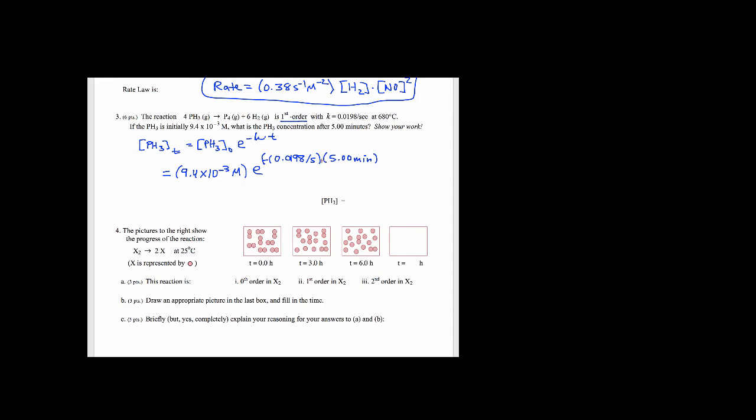Now we note that minutes and seconds aren't the same units, so we're going to have to do a conversion. 1 minute is equal to 60 seconds, so minutes is converted into seconds, and then seconds and per second will cancel. When we plug the values in and calculate, the PH3 concentration is 2.4 times 10 to the minus 5th molar for our answer.